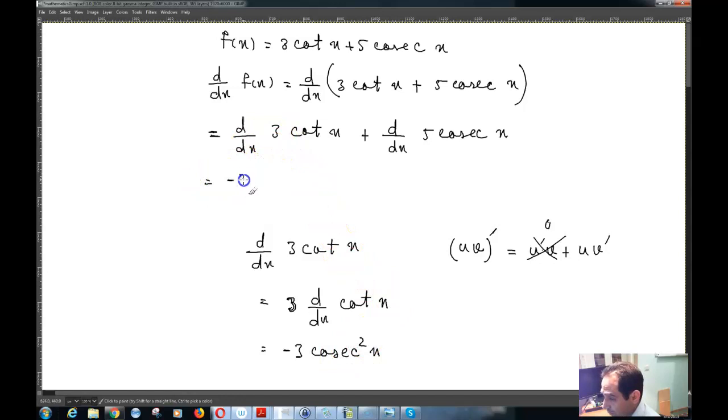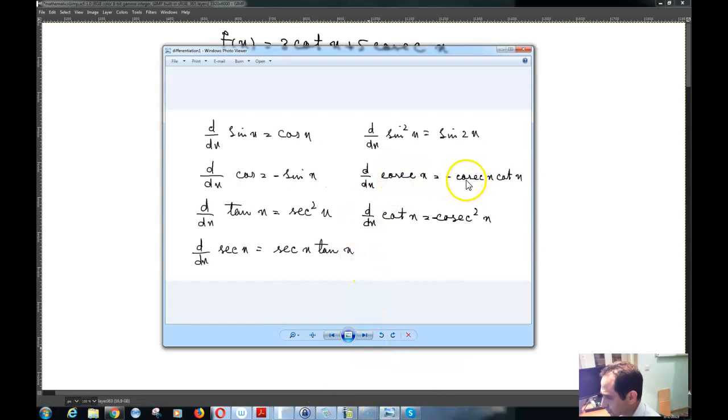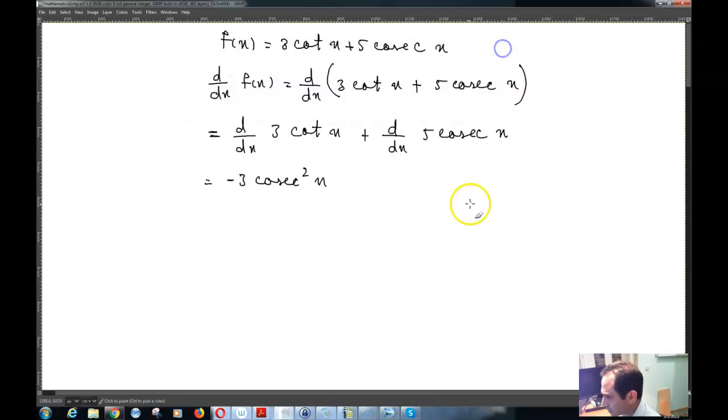So this is negative 3 times cosecant squared x, and also the derivative of 5 times cosecant x. The derivative of cosecant x is minus cosecant x cot x.